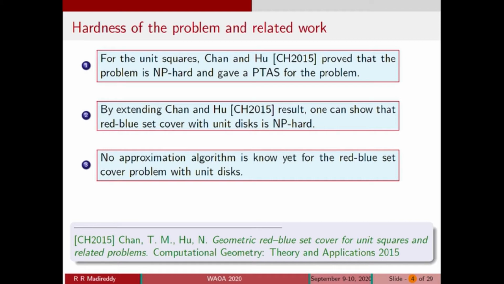For the case of red blue set cover with unit disks, one can easily extend the reduction of Chan and Hu, which they gave for the unit squares, and one can show that the problem still becomes NP-hard for unit disks also. However, no approximation algorithm is known for the red blue set cover problem with unit disks.